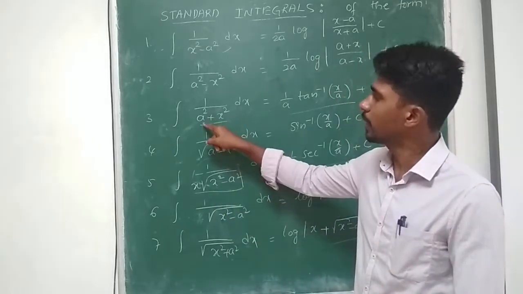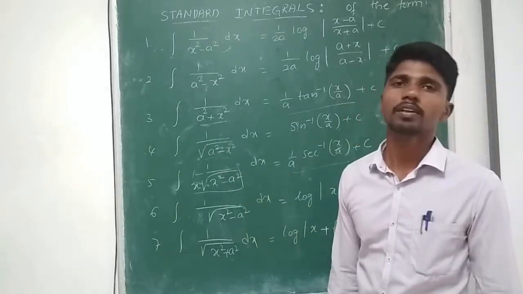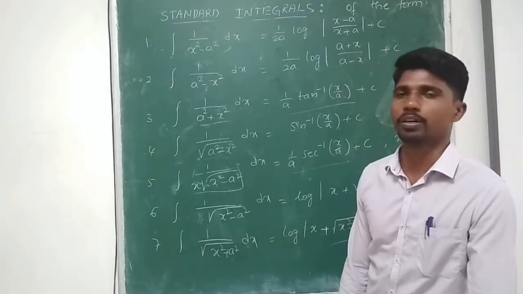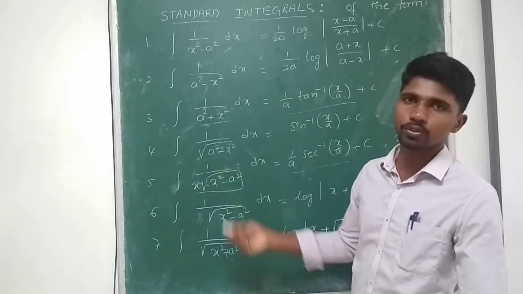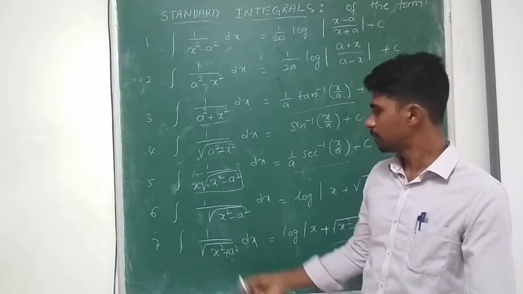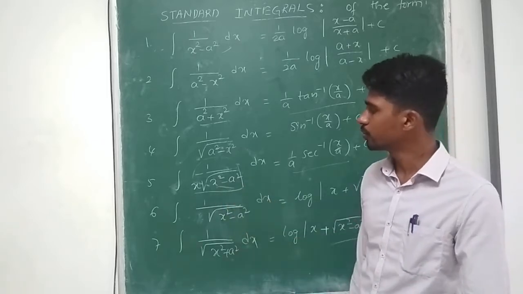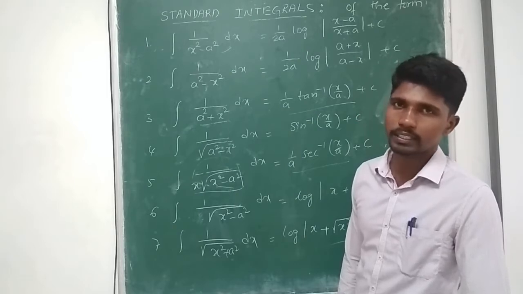So for a square plus x square, we use either tan or cot. For a square minus x square, in place of x we use either a sin x or a cos x. For these particular things, we can use a cosecant x or secant x.